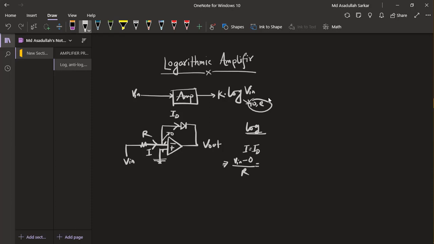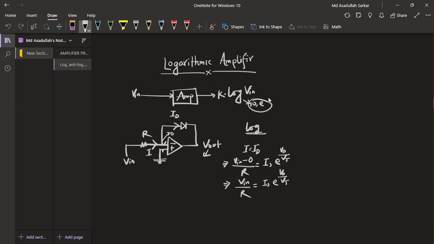And what will be the value of ID? ID will be Is exponential power Vd by Vt. So here we find V input by resistance R equals Is exponential Vd by Vt. We need to find the expression with respect to V output.